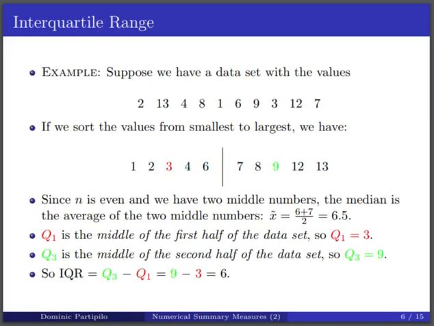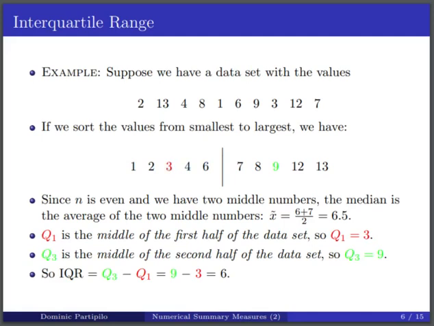And you'll notice the middle of the data set is right here. So remember, when we're calculating Q3 and Q1, we need to find the median of each of these halves. So the median of the first half of this data set is going to be Q1. That's going to be 3, which is what I have in red here.